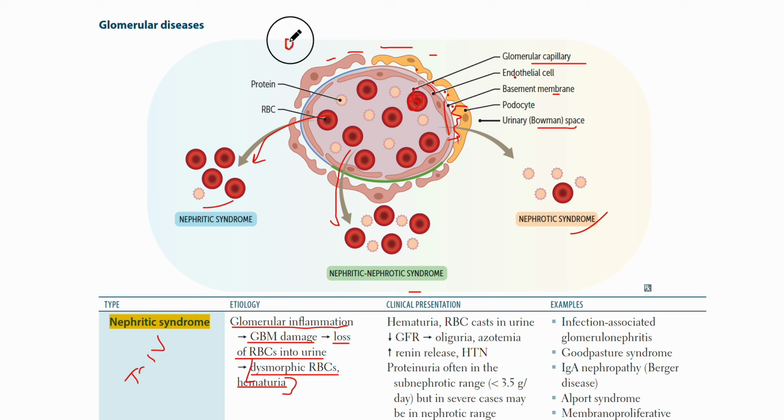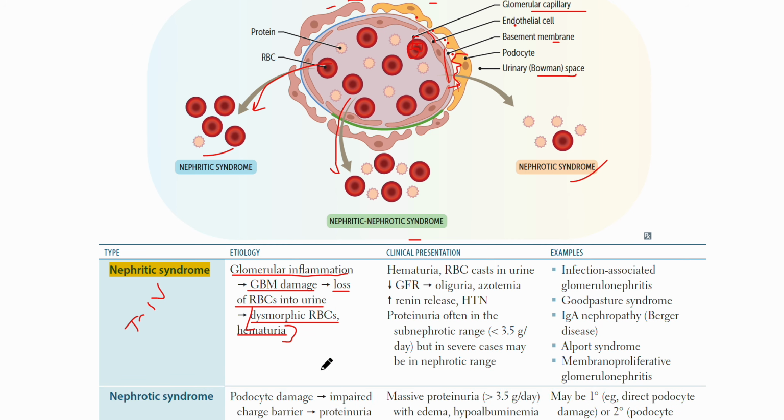The RBC has hemoglobin, right? So RBC is actually bound to haptoglobin, and that haptoglobin doesn't let the RBC get filtered out of the glomerulus. But when glomerular injury occurs, there is an increase in the size of the pore, right? So even if the haptoglobin binds, the RBCs can get filtered out, and that happens in the case of nephritic syndrome, causing dysmorphic RBCs in urinalysis and also hematuria.